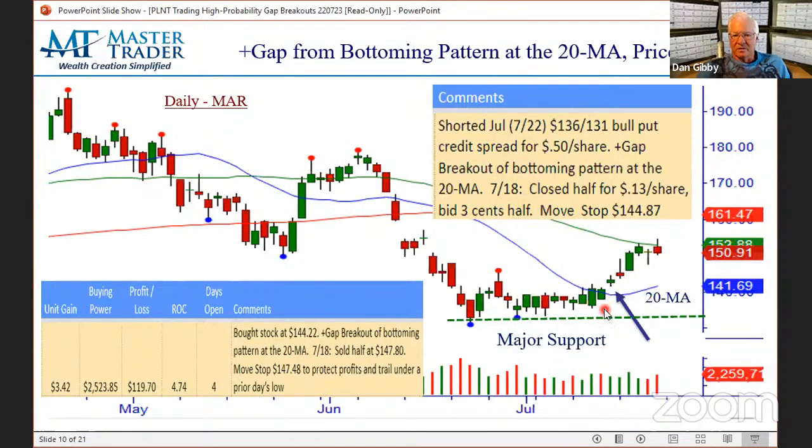That's why we entered this. So we bought that gap breakout, went into trail mode, made 5% on that one in 4 days. But we also, at this green line, sold a $5 wide put spread, 50 cents a share. So 10 contracts, $500 hits your account, as long as that green support line holds at expiration.